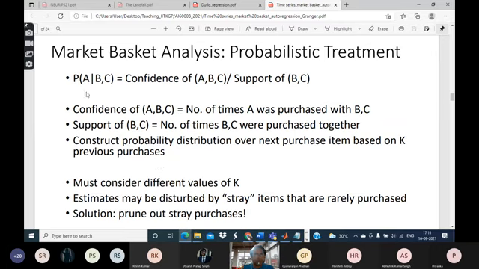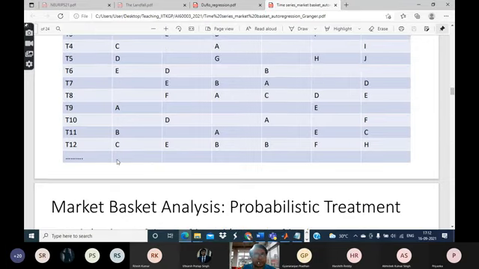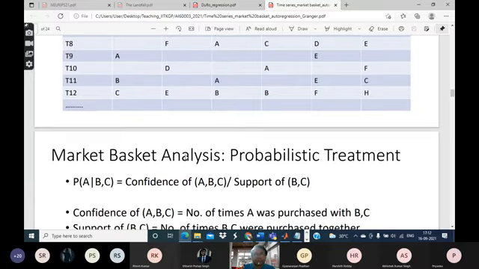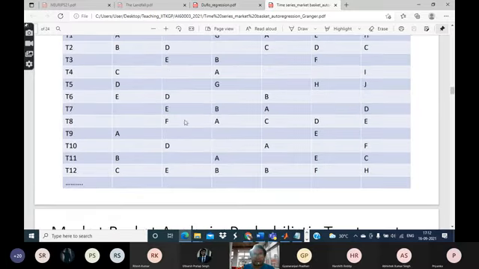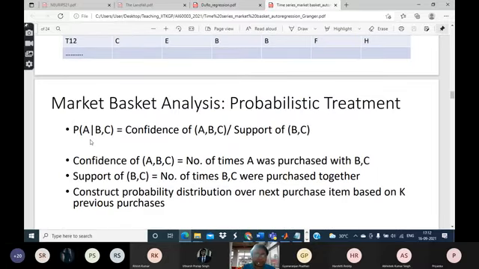That is to say, given the past few items which a user has purchased, we try to define a probability distribution over what the next item is going to be, instead of making a single prediction that the next item is going to be D, or it's going to be A. Instead of saying that the next item is going to be F or D or anything like that, let us assign probabilities to the different items which the user may buy next. So this is the way such probability distributions are constructed.